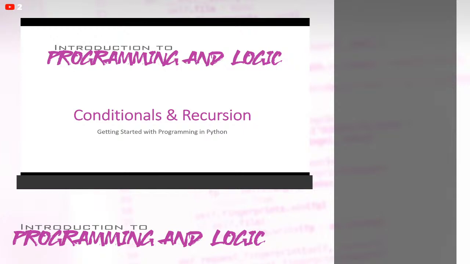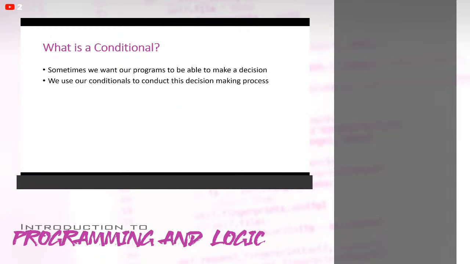When it comes to conditionals, they have one big purpose. Sometimes we want our programs to be able to make a decision, and so we use conditionals to allow our programs to conduct this decision-making process. Up until this point, when we look at the structure of our program, everything we've done so far has been linear.